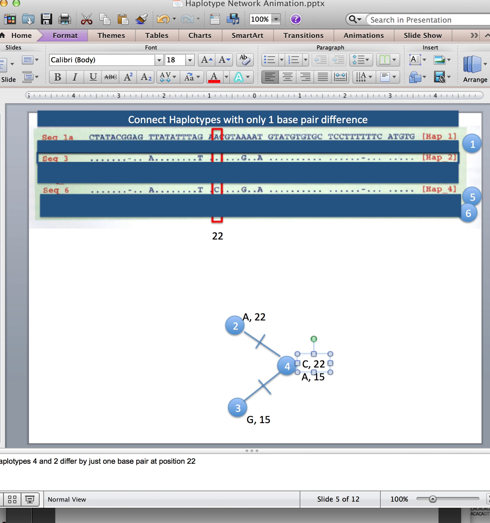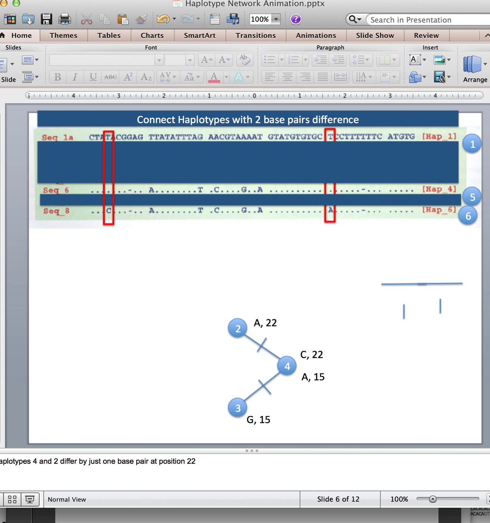And this is where it gets a little bit tricky now. Okay, so I want to connect haplotypes that have 2 base pairs difference, moving up from 1 to 2. And so now I can see that if I'm looking at haplotype 6, there are 2 differences here from haplotype 4.